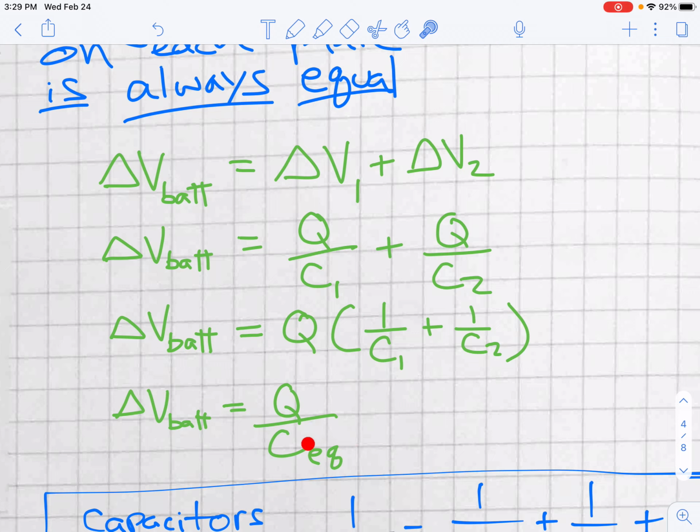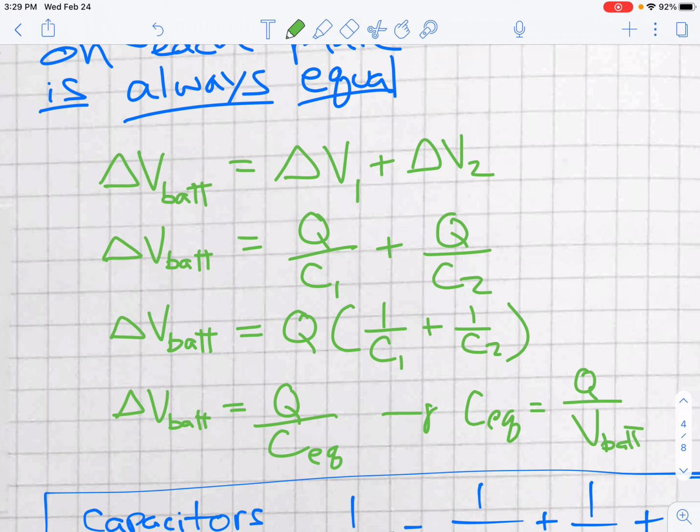Because think about rearranging this. If I move this over and bring the V battery down, I get C equivalent equals Q over V battery.